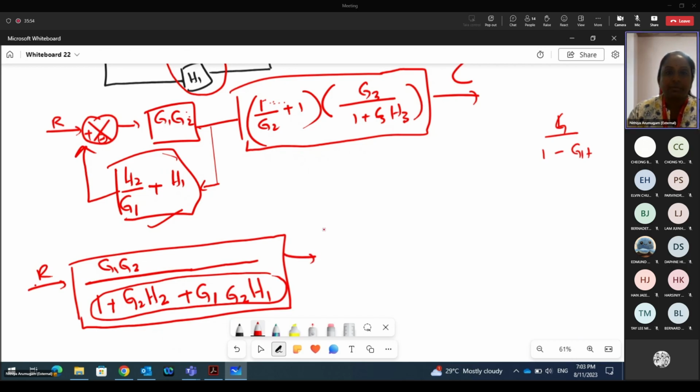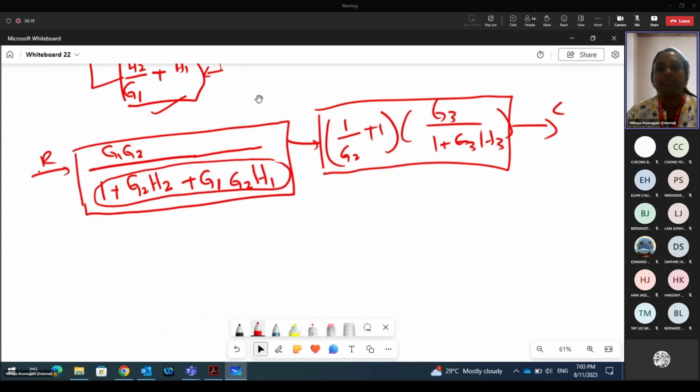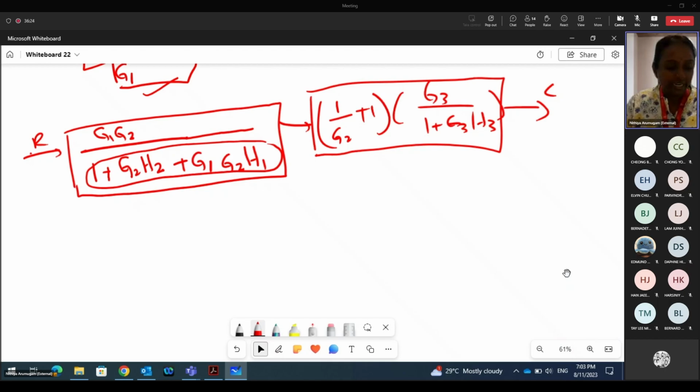So next we remain this one, 1 over G2 plus 1, G3 over 1 plus G3 H3. So this will be another loop. We notice we have eliminated all the feedback loops. Okay, now we only have 2 blocks here. This is not the final version yet.